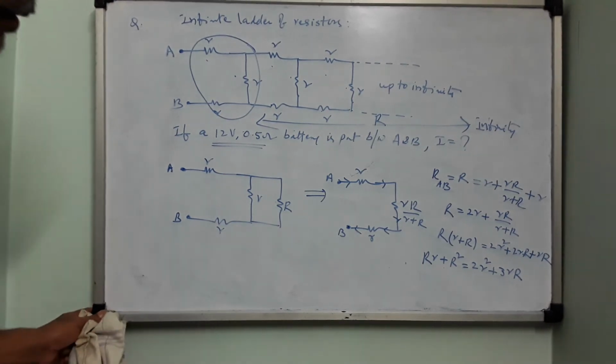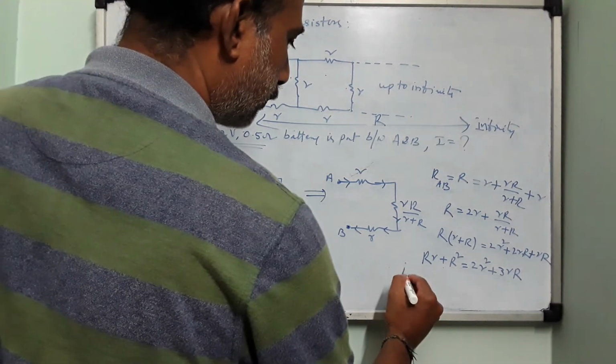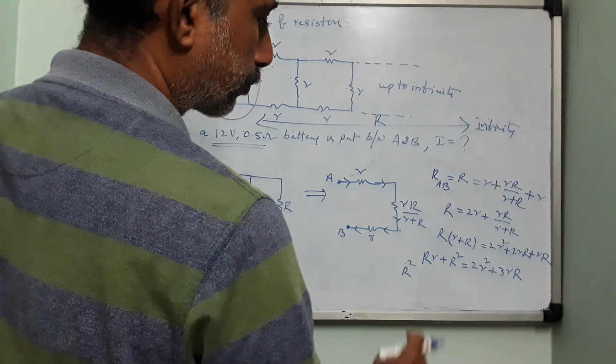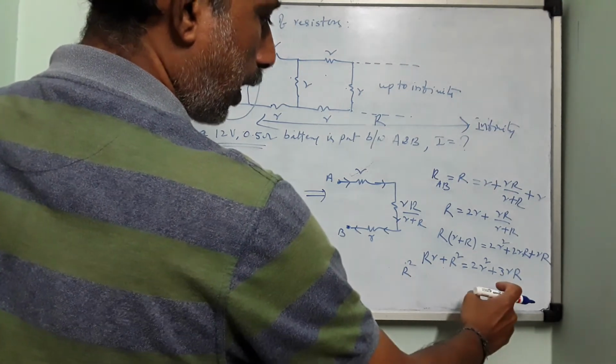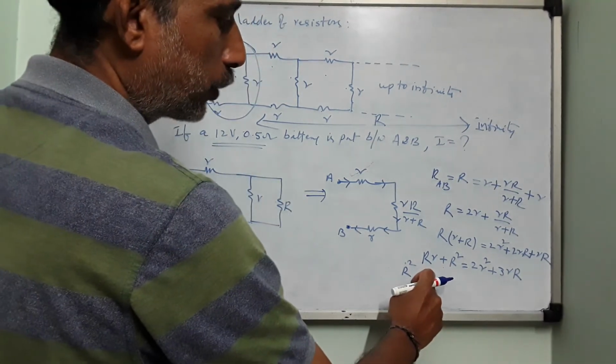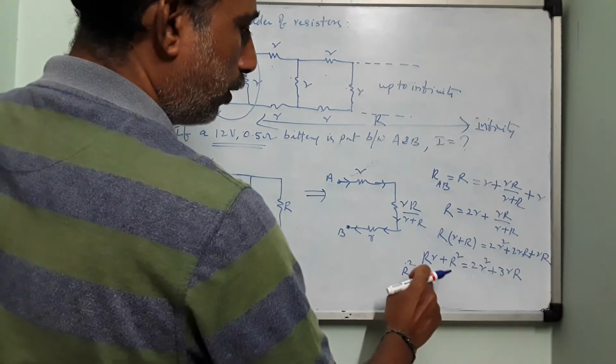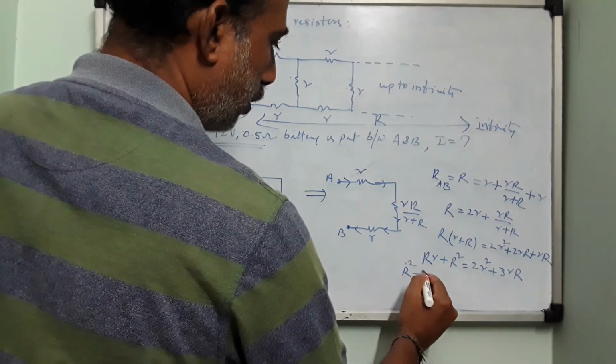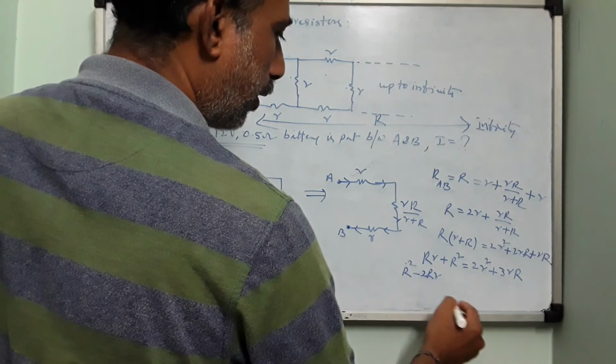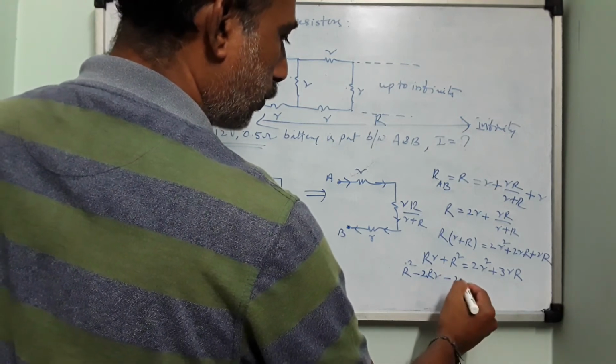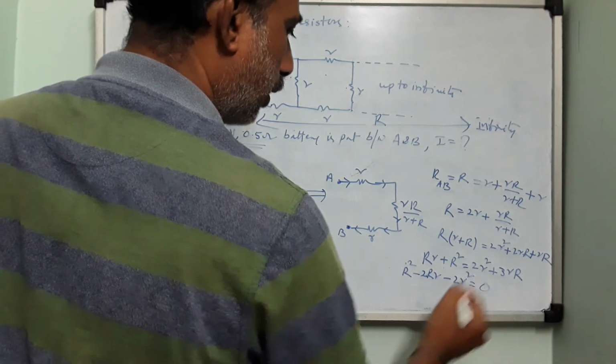Now this 3Rr will come to this side, so minus 3Rr becomes plus Rr, giving minus 2Rr. This 2R square also comes to this side, minus 2R square, equals 0.